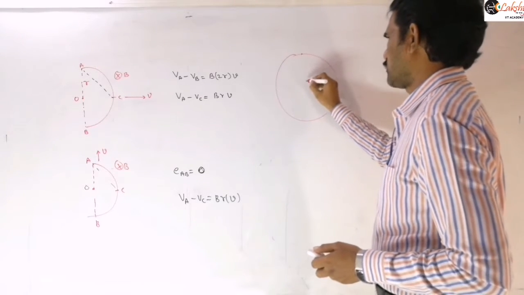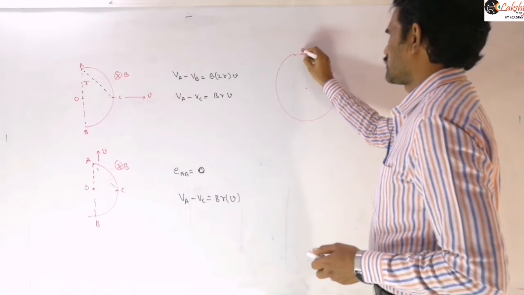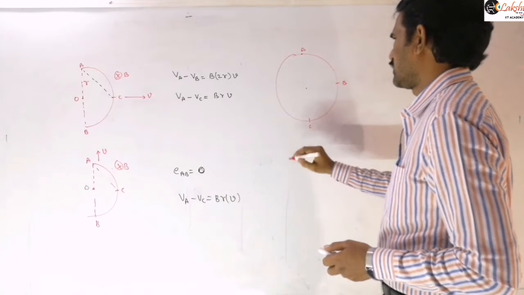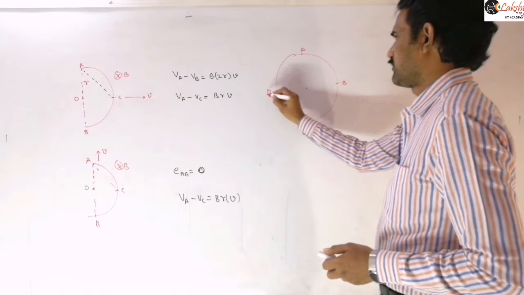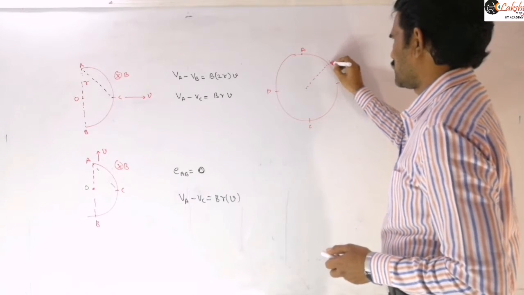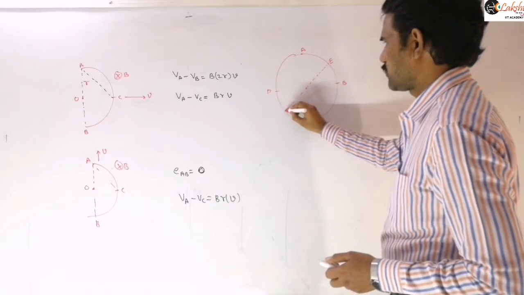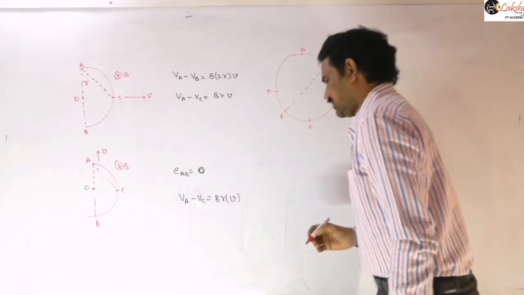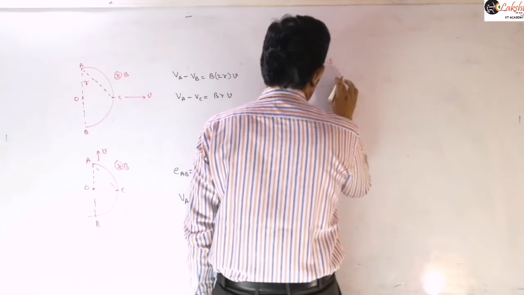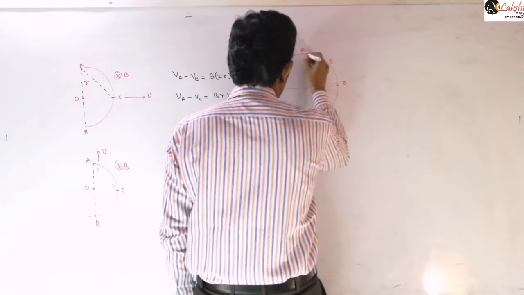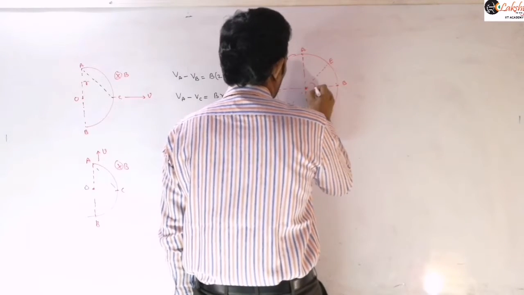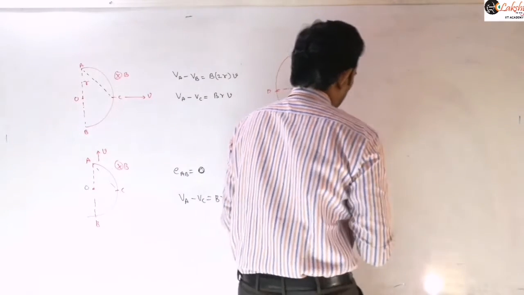And now I am taking some points: this is A, B, C, and this is point D. In addition to that, I am taking two more points here, this is point E and this is point F. These are the different points we are assuming here. This angle I am taking as theta.